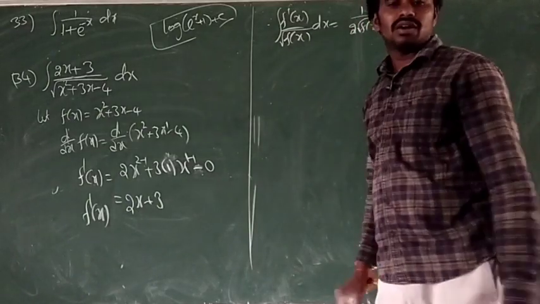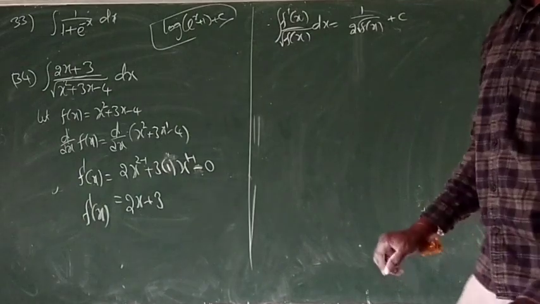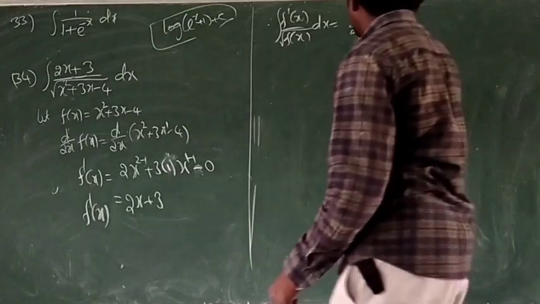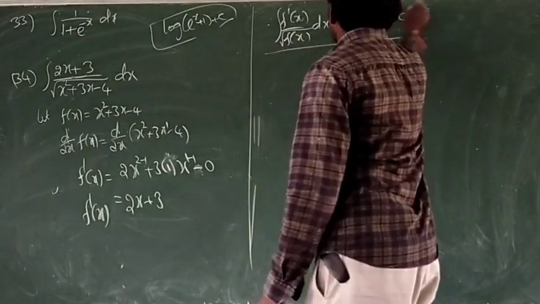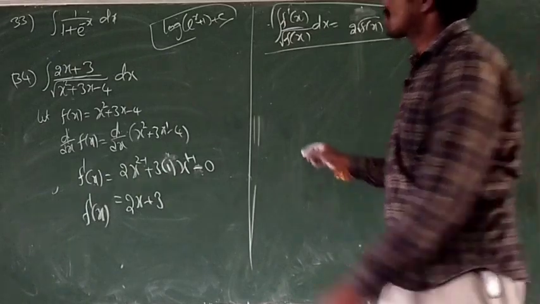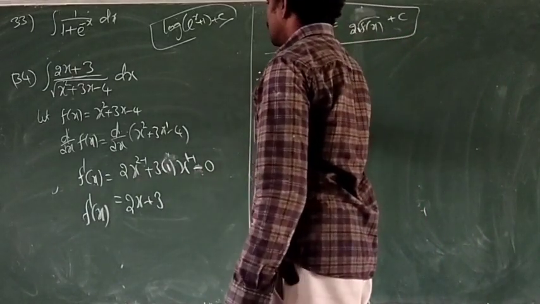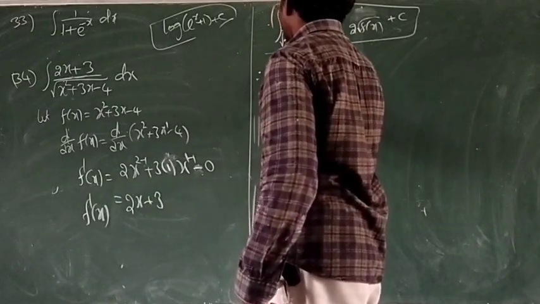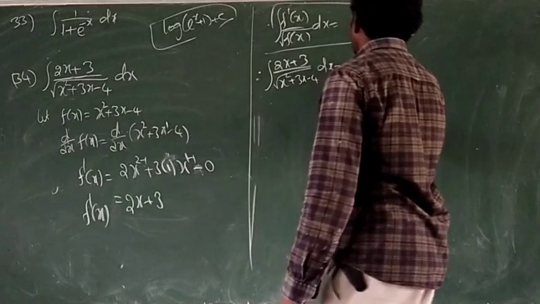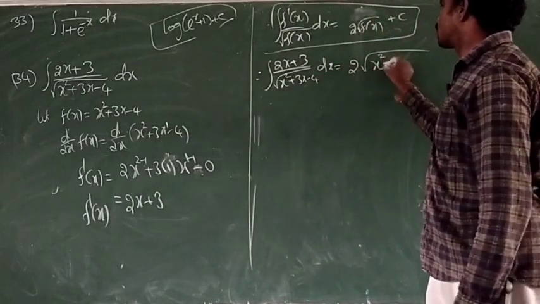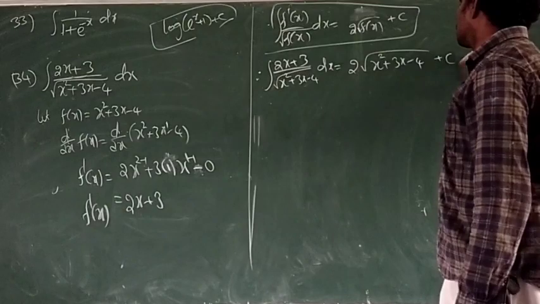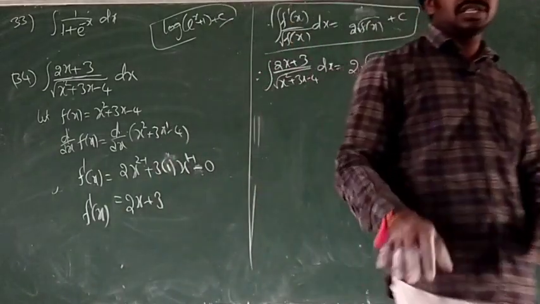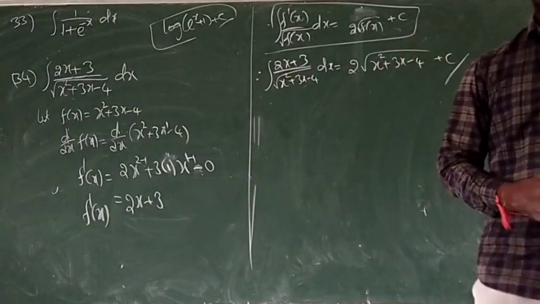So integration of 2x plus 3 by root of x square plus 3x minus 4 dx is equal to 2 into root of x square plus 3x minus 4 plus c. This is the answer.